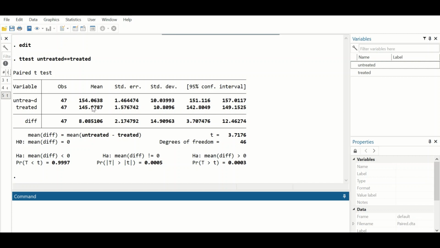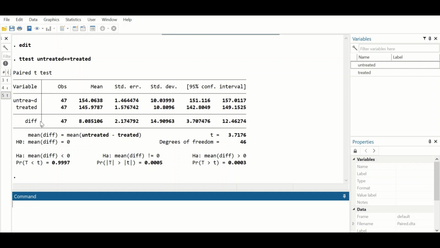This shows that the mean for the untreated, 154, is within the lower and upper values of the confidence interval, and for the treated, 145.9 is within the lower and upper values of 142.8 and 149.1. So the means for both fall within the 95% confidence interval.